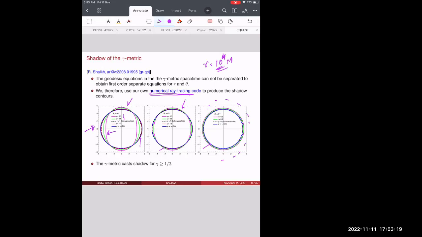I guess you obtain the size of the photon sphere and the size of the shadow boundary, but the inside part may be different from that of the wormhole. You are saying throat? Yes, I mean the inside part of the shadow.